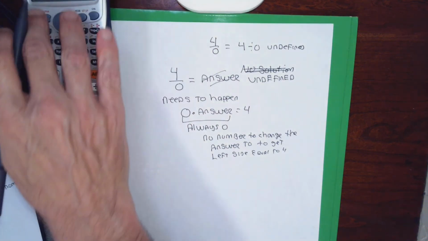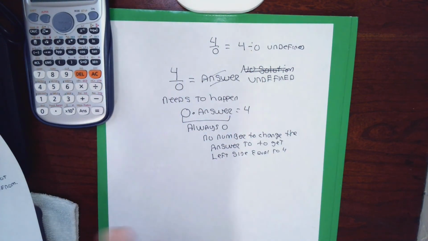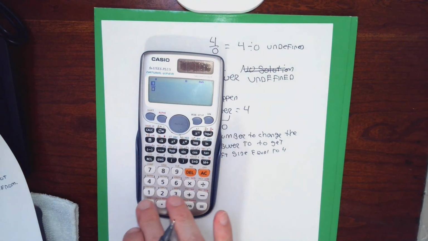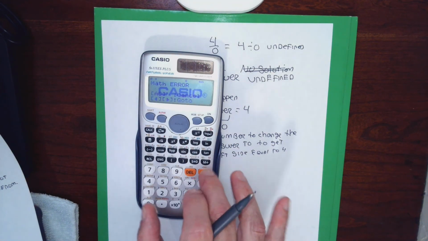So as long as the numerator isn't 0, that's more complicated. That has to do with something called the indeterminate form, and I didn't really want to get into that. My calculator is still going to say it's undefined, but it's for a different reason, more complicated than we need to be.